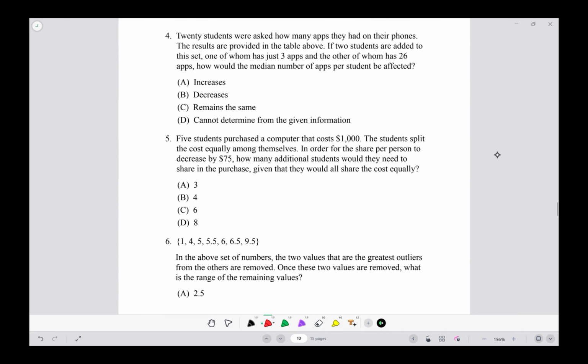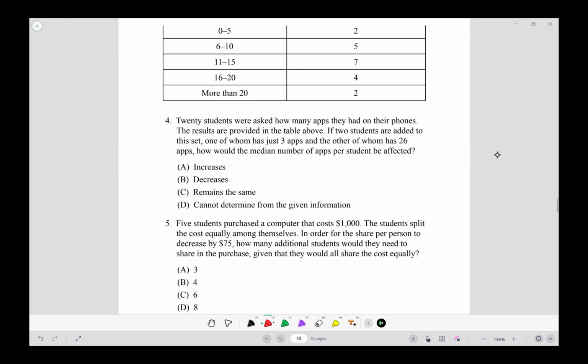Look at problem number 4. 20 students were asked how many apps they had on their phones. The results are provided in the table above.